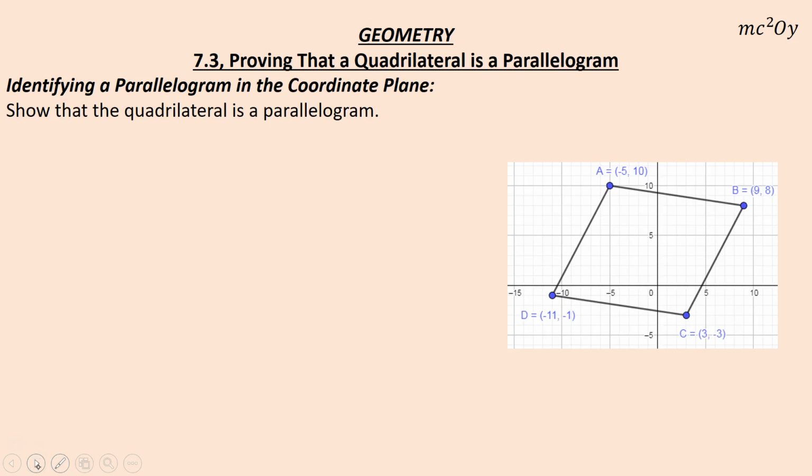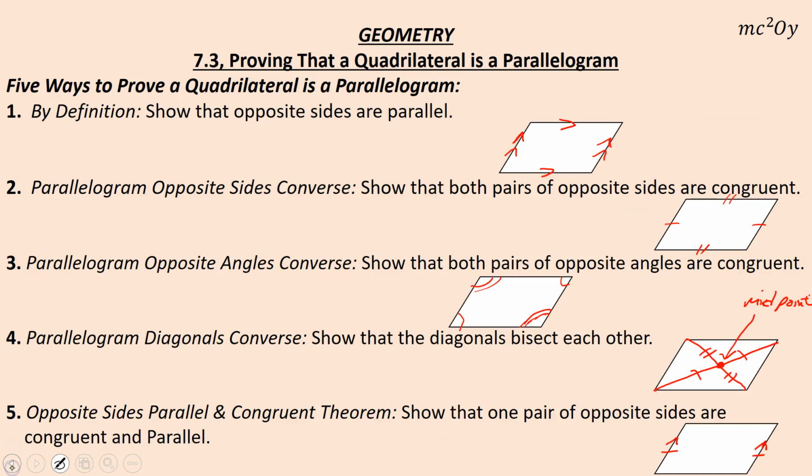So one last piece, show that the quadrilateral is a parallelogram. Well, in order for it to be a parallelogram, we have 5 different options, right? We can either deal with finding parallel sides, which means their slopes are the same. So for that and that, slopes would have to be the same.